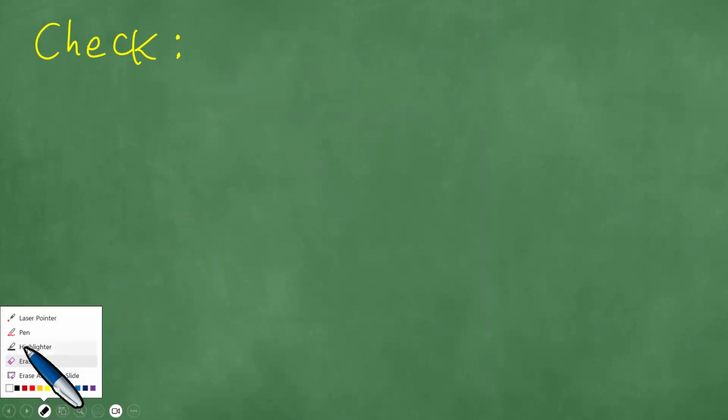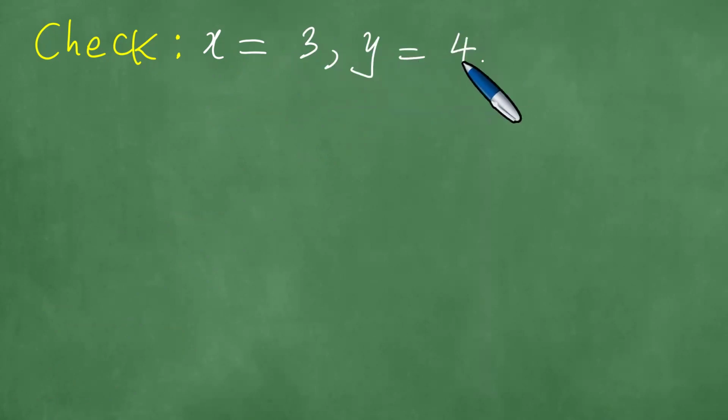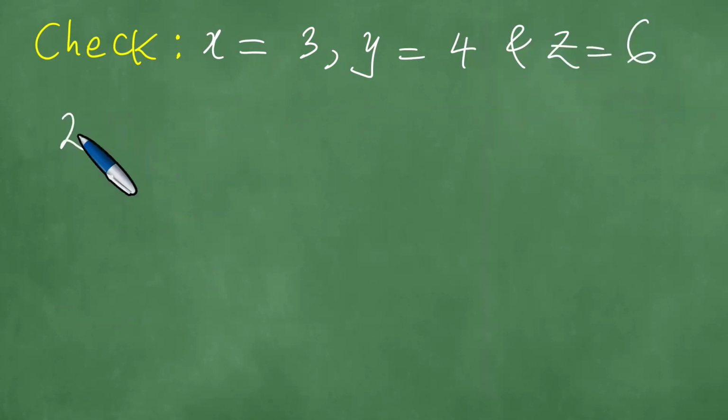First things first, let us write down the solutions so that we can check very carefully. Our x is 3, our y is 4, and our z is 6. z equals twice x is one of the equations, and we need to check this.